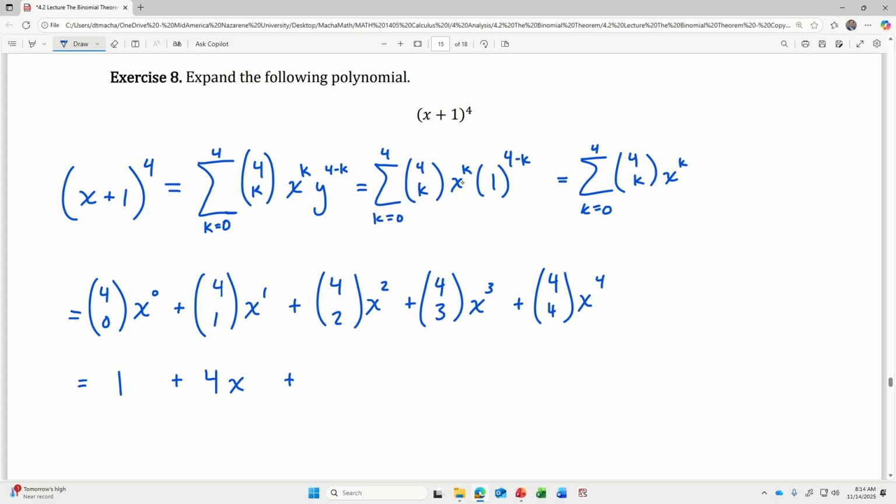Well, if it's not obvious, you can just use the formula, which is 4 factorial divided by 2 factorial times 4 minus 2 factorial. And then how many different ways can I choose 3 out of 4? And how many different ways can I choose 4 out of 4?